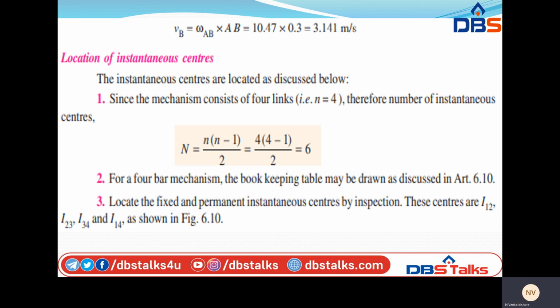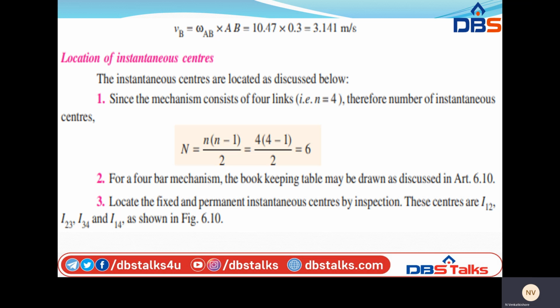Then we need to find the location of the instantaneous centers. The mechanism consists of 4 links, so find the number of instantaneous centers: N is equal to n into n minus 1 by 2, so that is equal to 6.